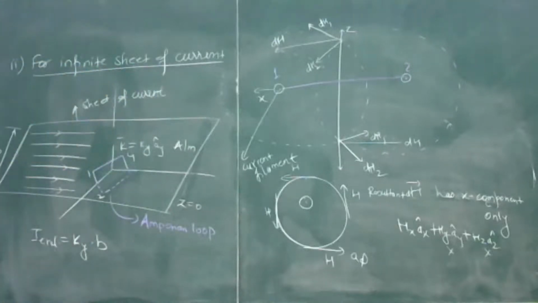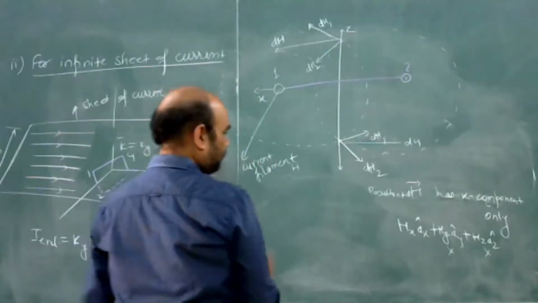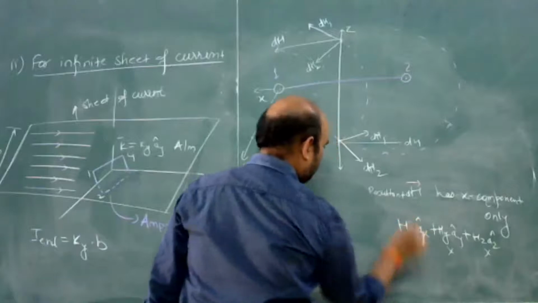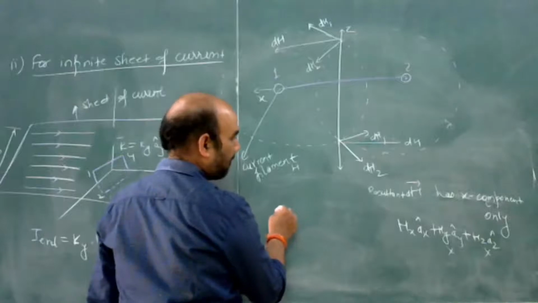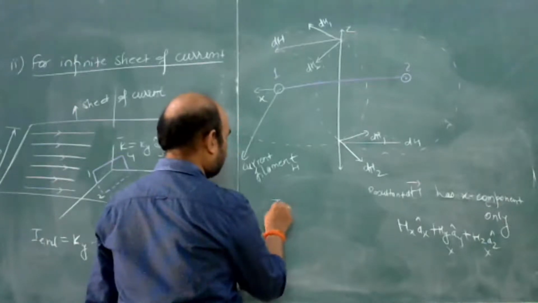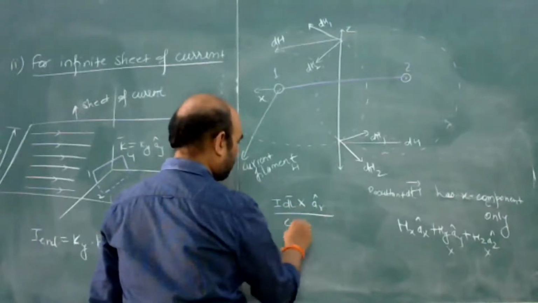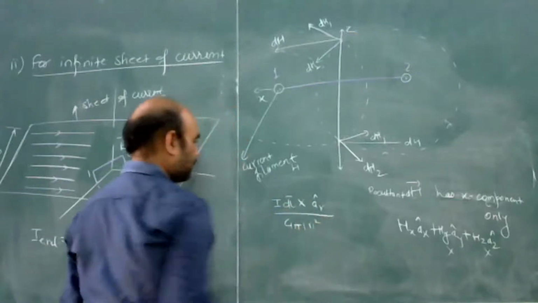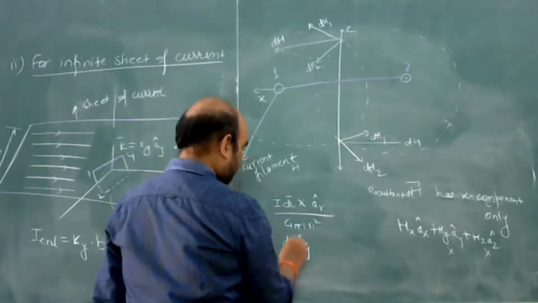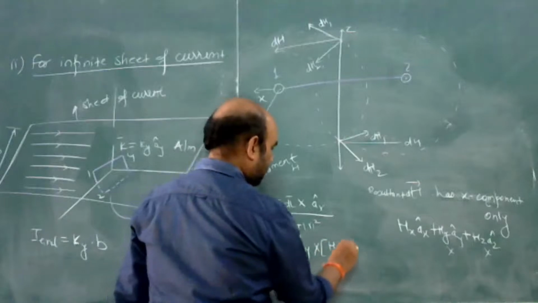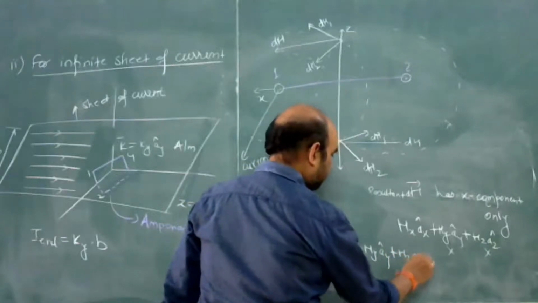Because the current element is in the AY direction, so this is AY dl cross (Hx AX plus Hy AY plus Hz AZ).